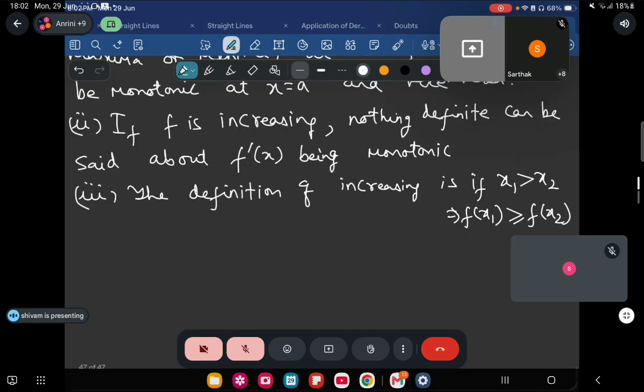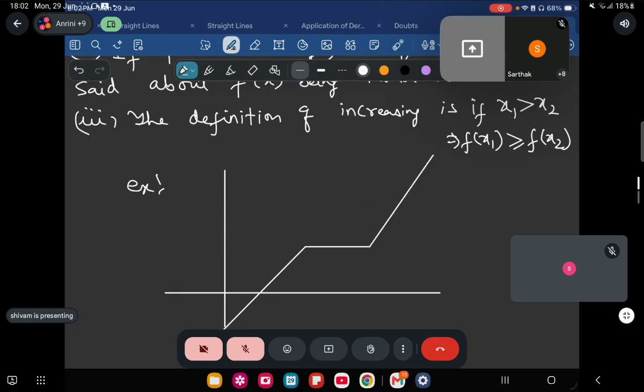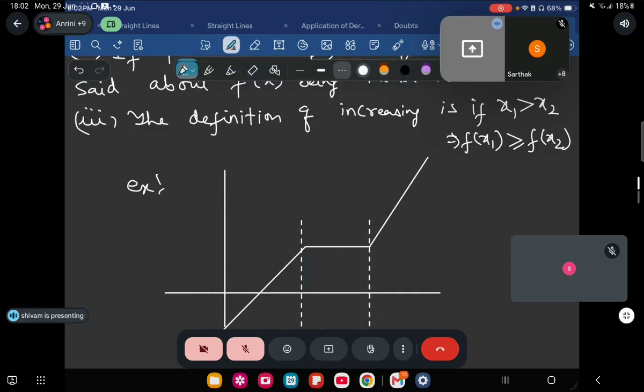For example, I show you a function. In this interval, the function becomes horizontal, but still we will say that the function is increasing. Are people getting it?